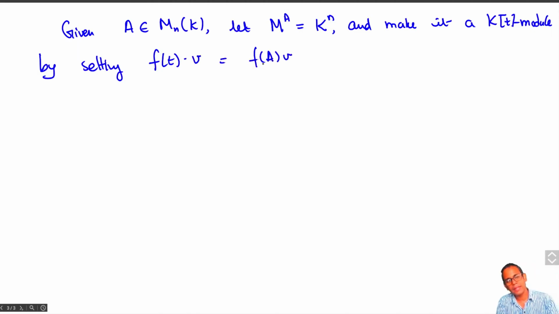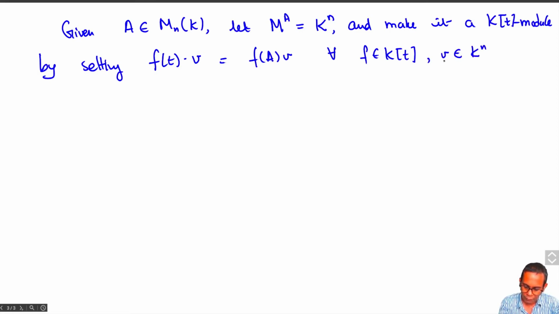So f is a polynomial with coefficients in K, you substitute for the variable T the matrix A and evaluate it. You will get an n by n matrix, and you can multiply it on the right by any vector v thought of as a column vector.